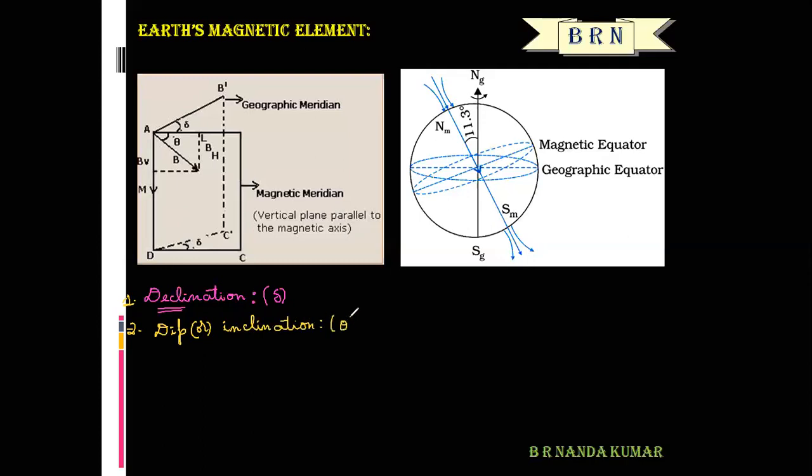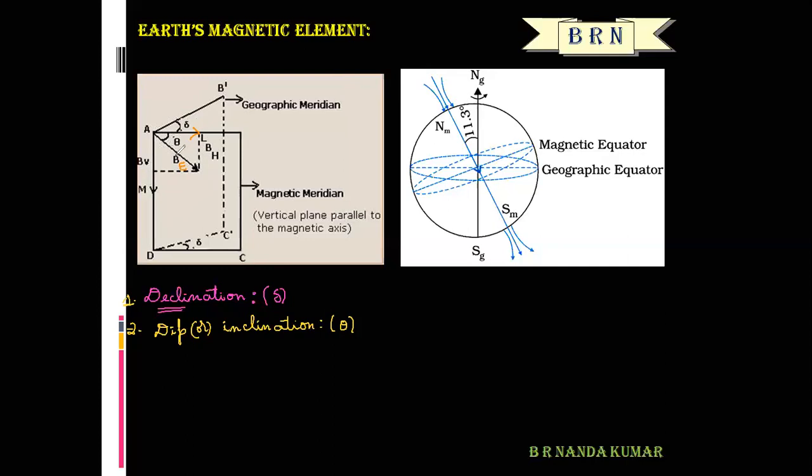Symbol is theta. Dip or inclination means the angle made by Earth's magnetic field, B, with the horizontal contained in the magnetic meridian. What is the meaning of dip or inclination?